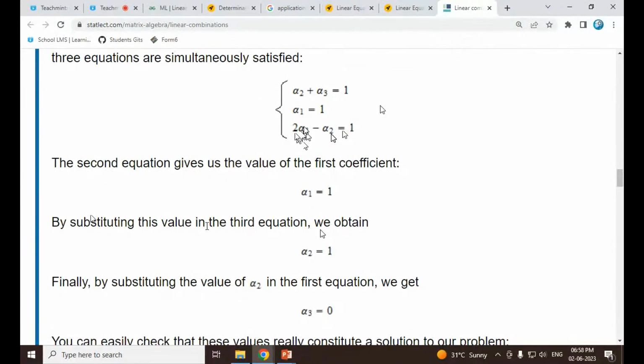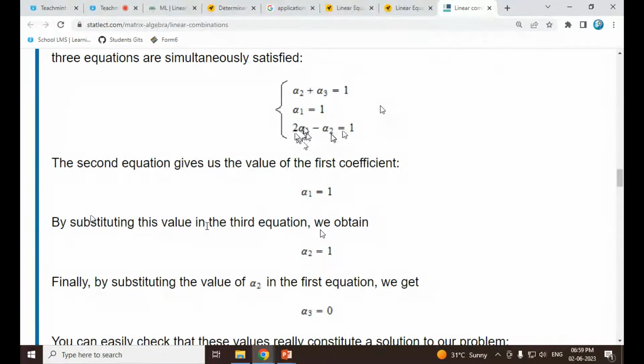A2 plus A3 must be equal to 1. A2 is 1, so A3 is 0. A3 is 0.